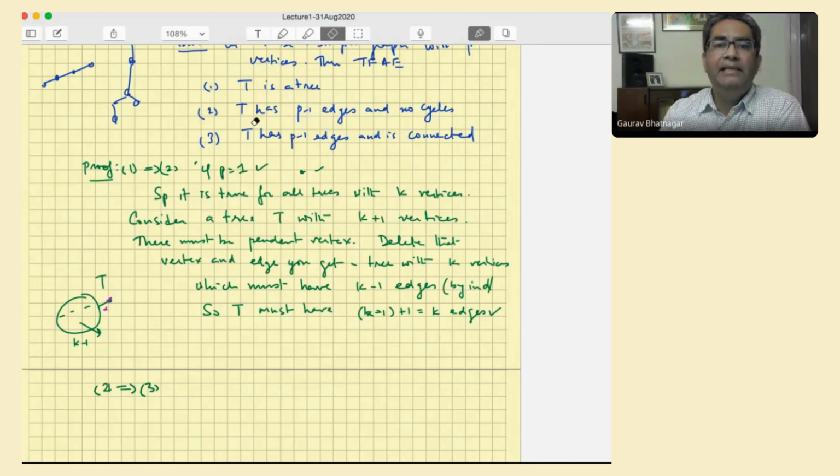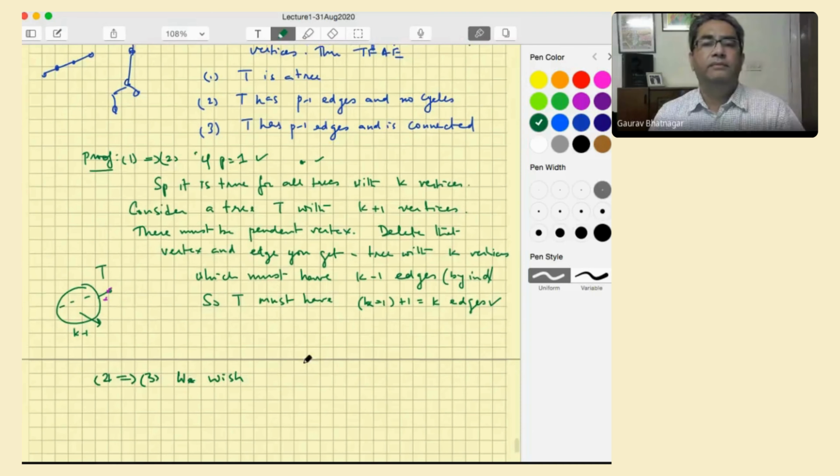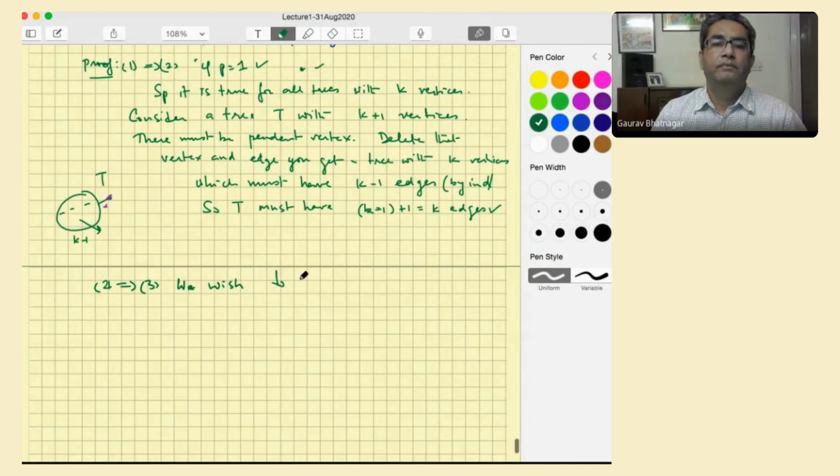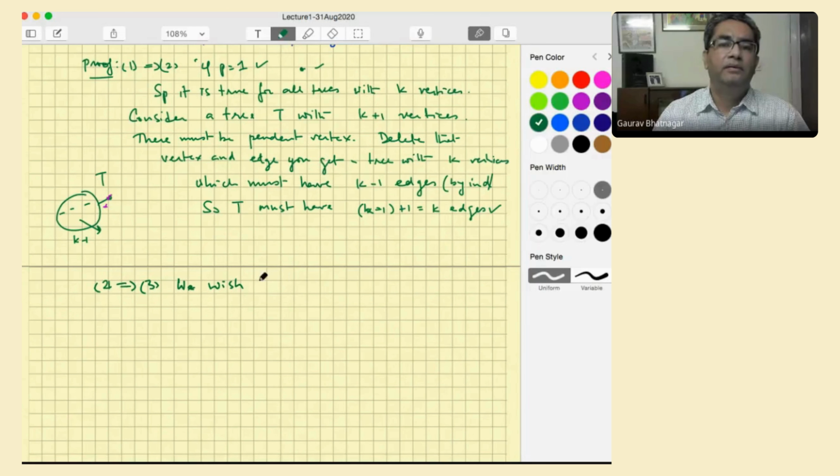Okay, so now we want to prove 2 implies 3. We already have p minus 1 edges. We want to show it's connected. So suppose not. Suppose T is not connected.